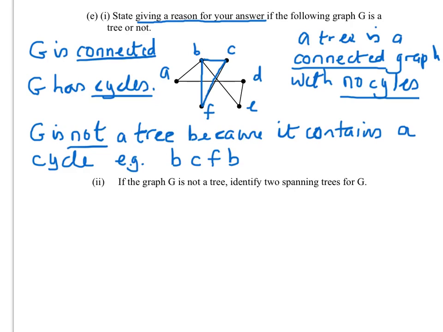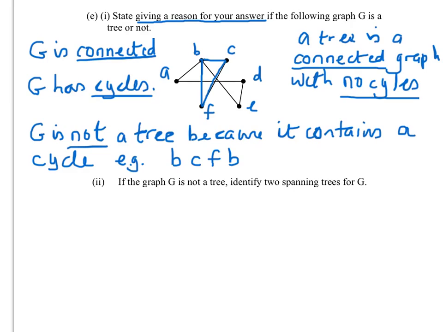So in conclusion, if you want to check if something is a tree, check firstly if it's connected, and then check are there any cycles. If both hold, then it is a tree, but if one or the other doesn't hold, then it's not a tree. So in our case, it's not a tree because G has at least one cycle. It has more, in fact.